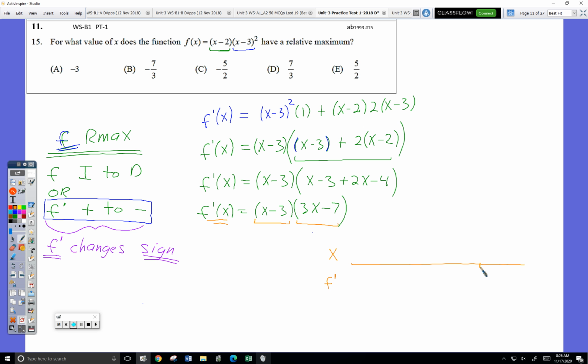Make sure my chart's kind of spread out to avoid errors. Keep going. X equals 3, y equals 0, and then at x equals... Tell me what you're thinking.